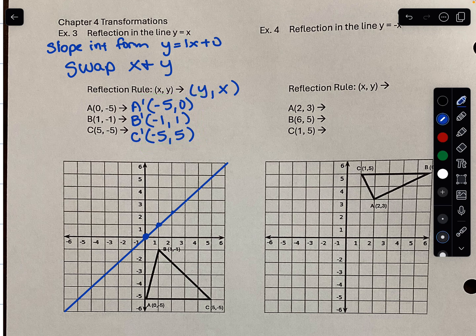Negative 5, 0 would be here for A prime. Negative 1, positive 1 for B prime. And negative 5, positive 5 for C prime.